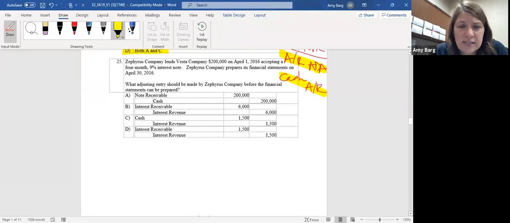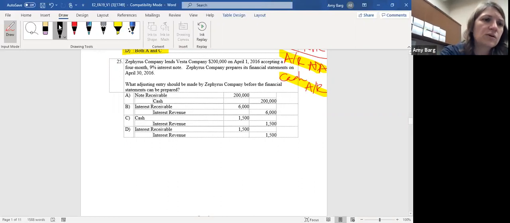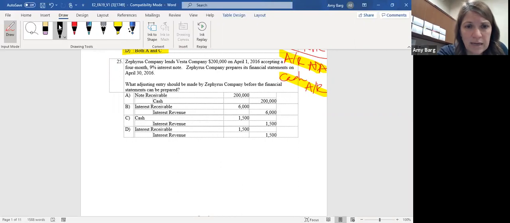Zephyrus Company lends Vesta Company $200,000 on April 1st, 2016, accepting a 4-month 9% interest note. Zephyrus Company prepares its financial statements on April 30th. What adjusting entry should be made by Zephyrus Company before the financial statements can be prepared? So what happened was that we lent money on April 1st.